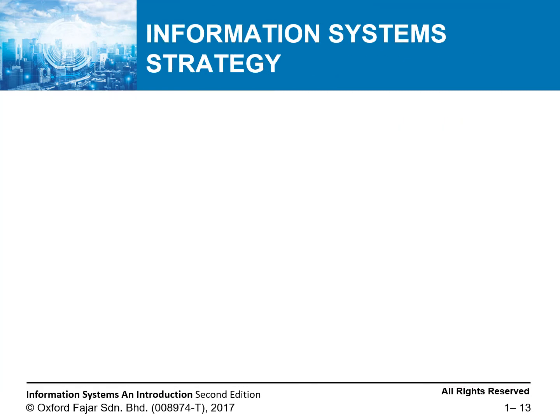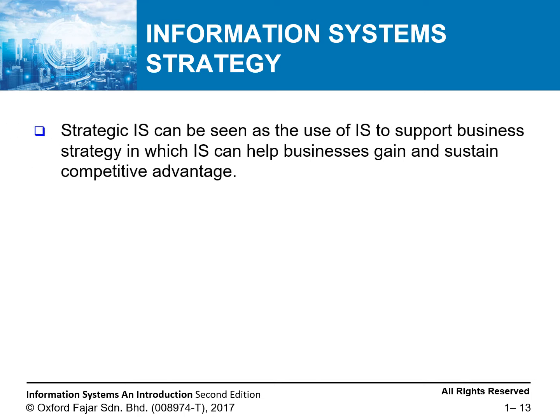Information system strategy is part of corporate strategy, and thus it should be examined at the organizational level rather than at the functional level. A strategic IS can be seen as the use of IS to support business strategy, in which IS can help the business gain and sustain competitive advantage.